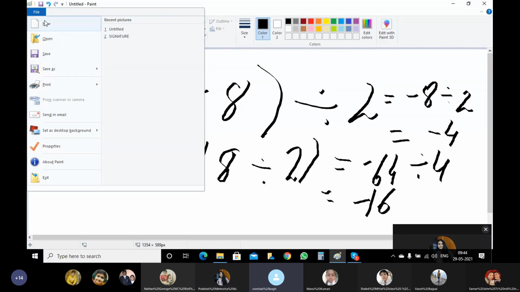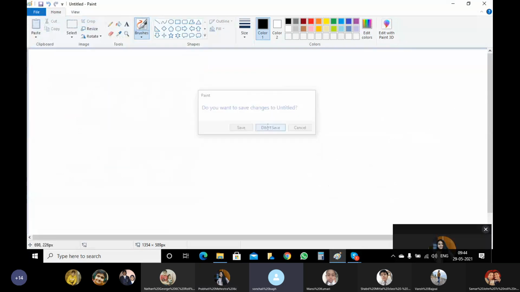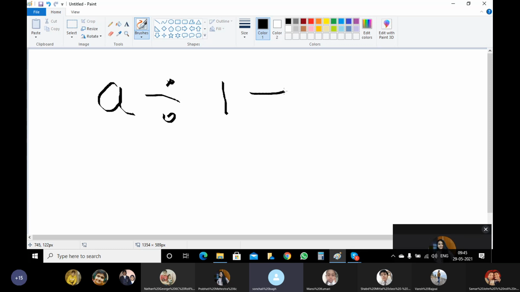Now, one more. Property of 1 says if any integer, be it positive or negative, is divided by 1, it is always equal to A. What is the property of division?